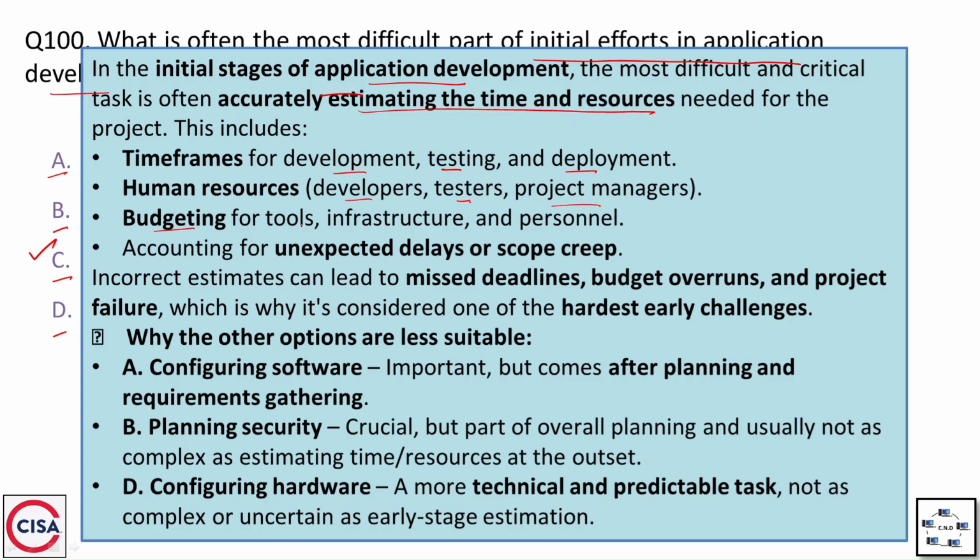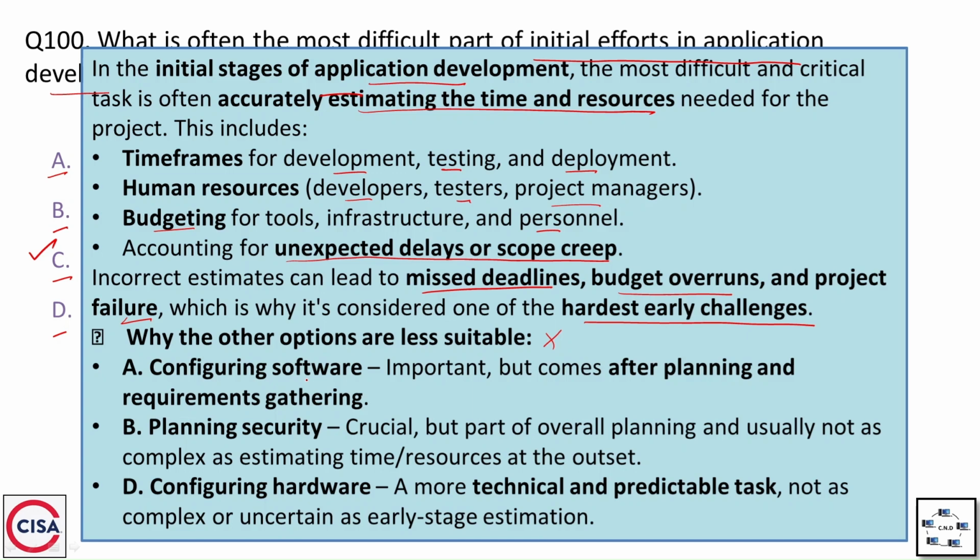Number three, budgeting for tools, infrastructure, and personnel. And number four, accounting for unexpected delays or scope creep. Incorrect estimates can lead to missed deadlines, budget overruns, and project failure, which is why it's considered one of the hardest early challenges.